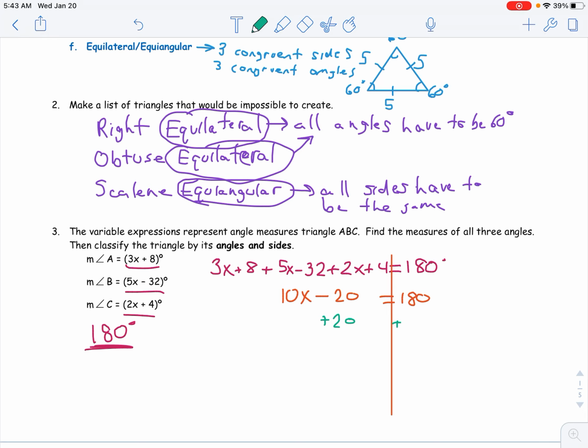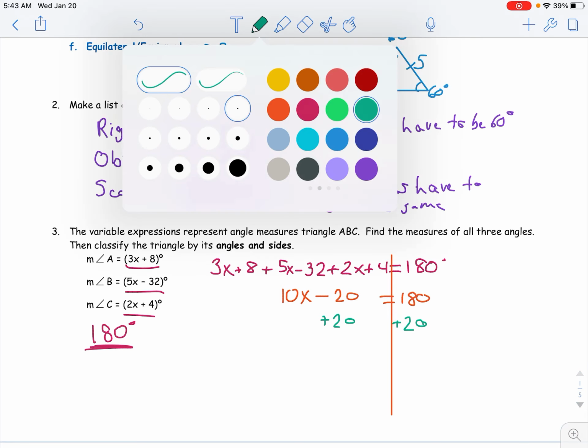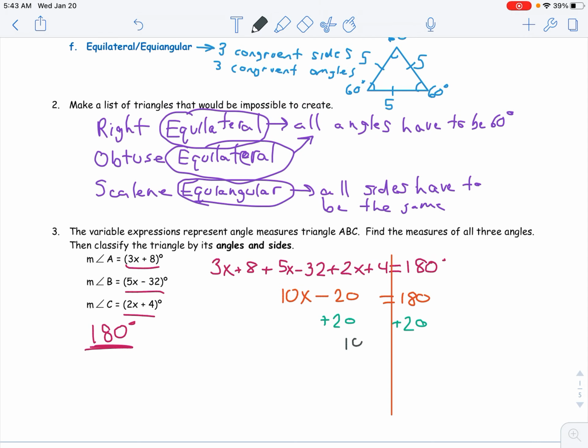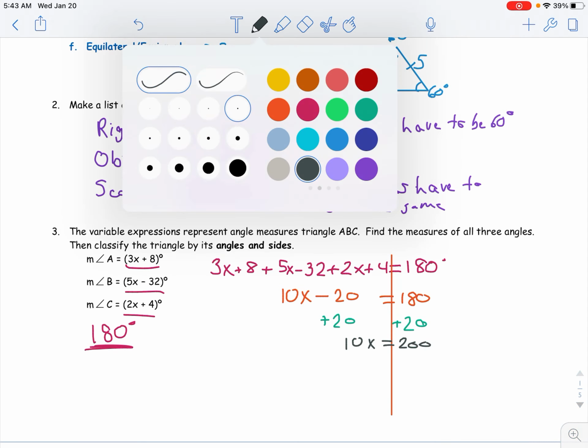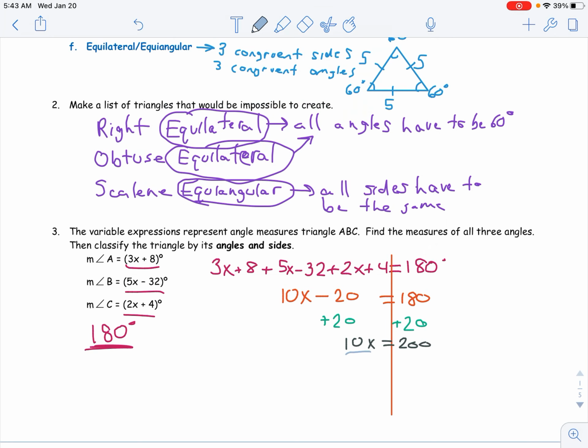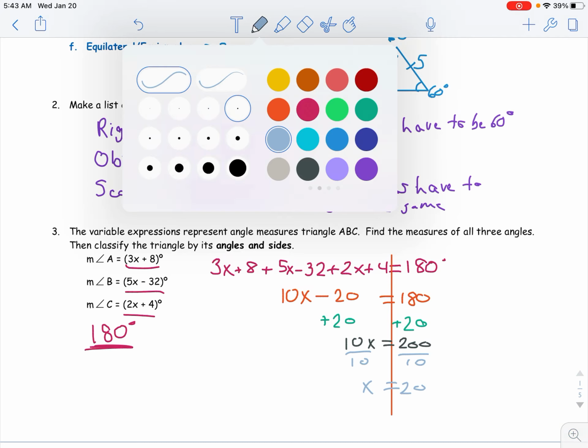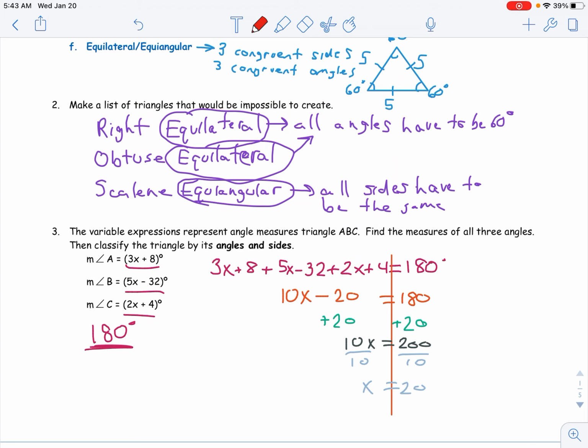So now I have to start undoing some operations, so I'm going to add 20 to both sides. I'm going to get 10x equals 200. And then I'm going to divide both sides by 10. And x equals 20. Alright, so I need to plug it back in to classify it by angles and sides.